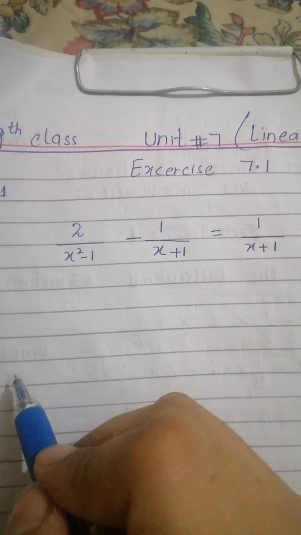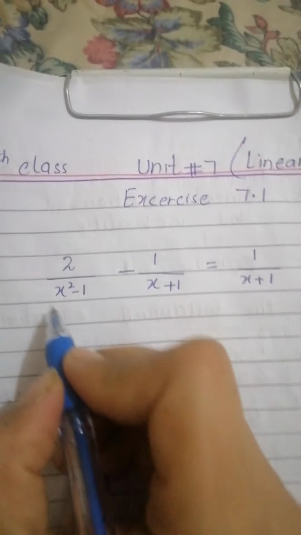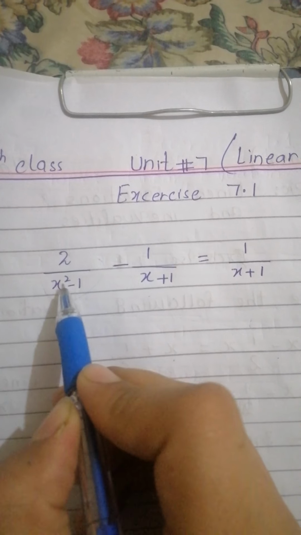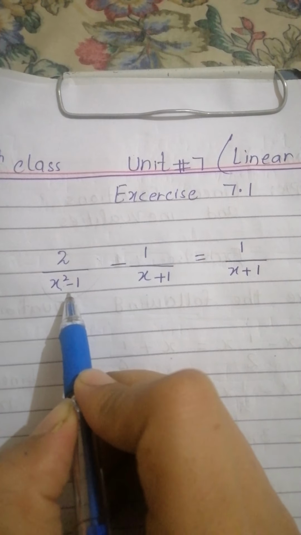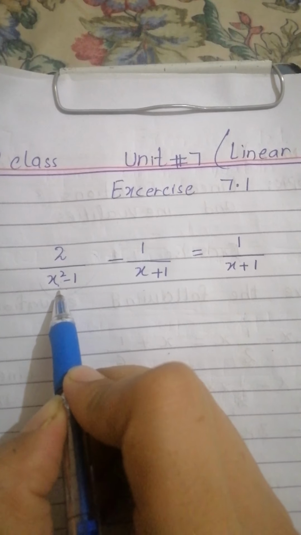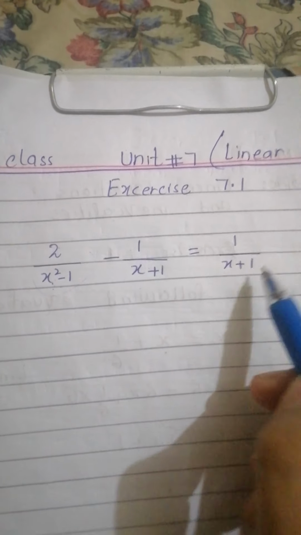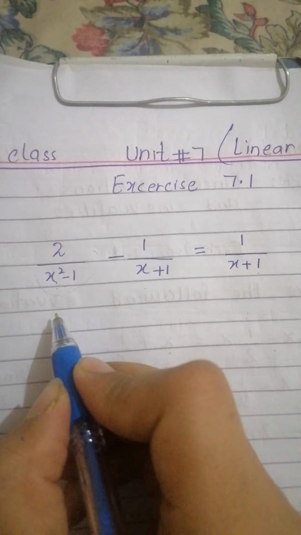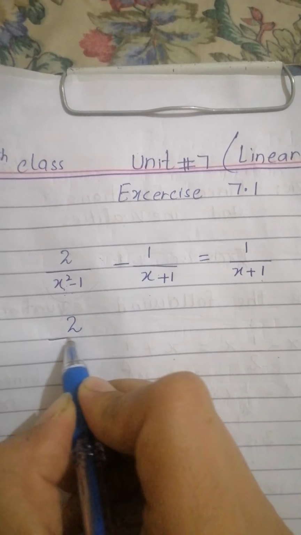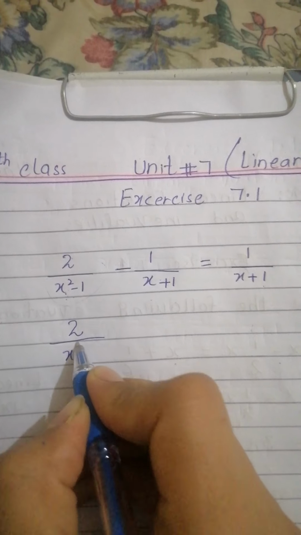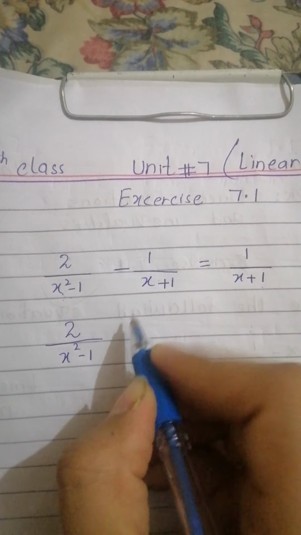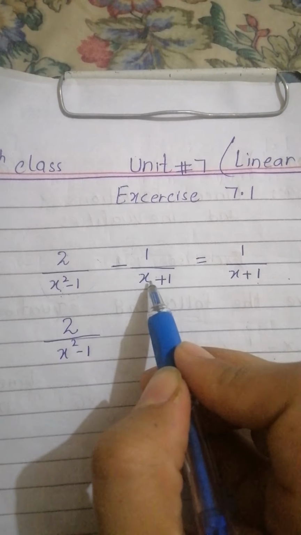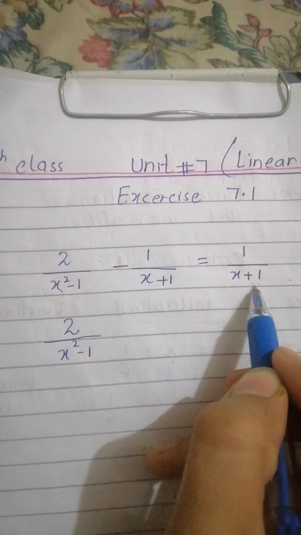Okay, to simplify this, you can see that the first term is with square, 2 over x square minus 1. This is in form of square, and this term and this term are not in form of square. The very simple way of this question is that 2 over x square minus 1, I will shift this term to the other side of the equation because both terms have same denominators.